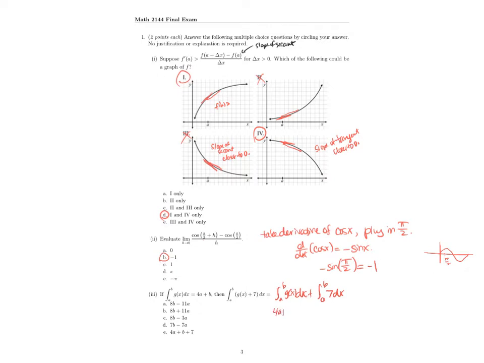That's 4a plus b plus, and then the integral from a to b of 7 is going to be 7x evaluated from a to b. And so that's 4a plus b plus 7b minus 7a. And so I can see 4a minus 7a is negative 3a, and b plus 7b is plus 8b. So negative 3a plus 8b is here.